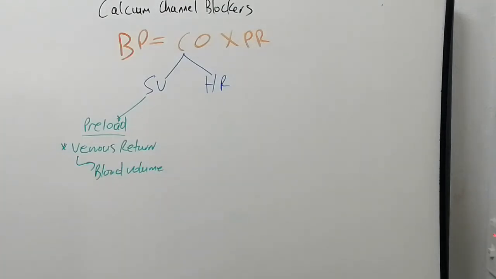The less blood you have in the system, the less venous return you will have, the less preload, the less stroke volume, and eventually the less BP you will have, right? Okay.